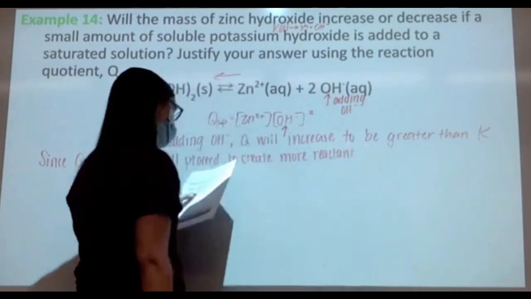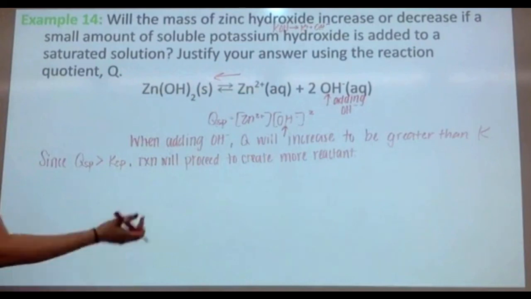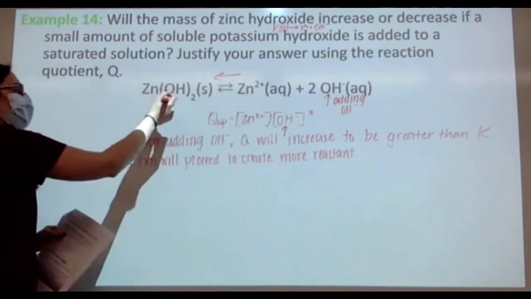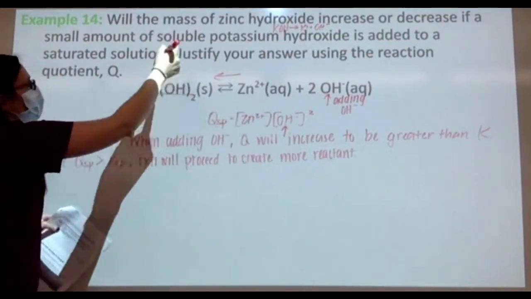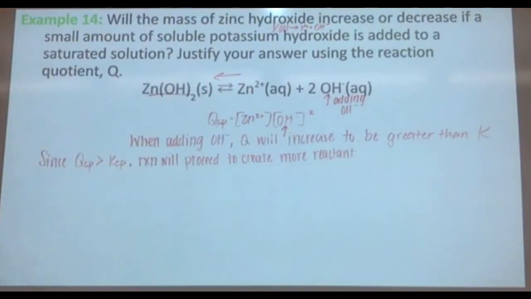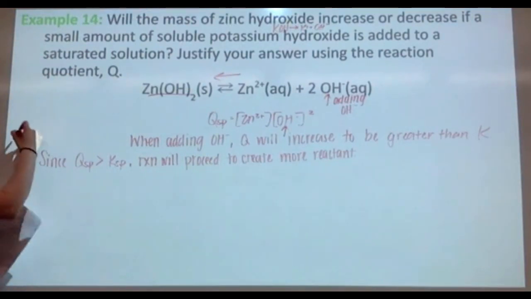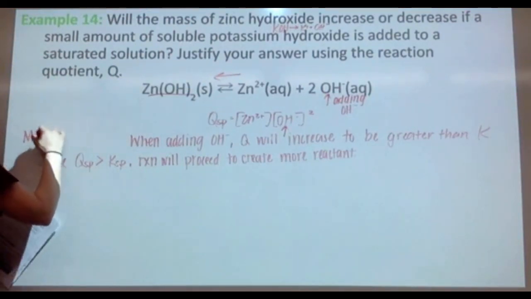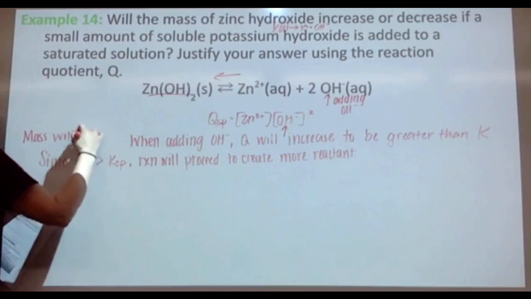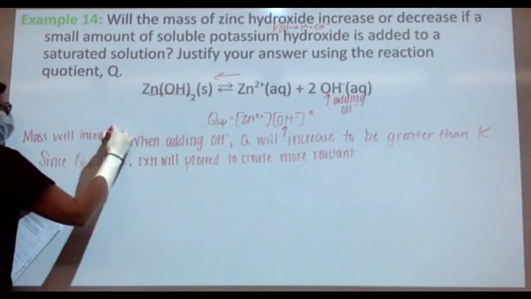So there's my justification. Now let's think about what that means. If it's creating more reactant, it's creating more of this solid, that's the zinc hydroxide. So if we're creating more solid, what's going to happen to the mass? It's going to increase. So here I'll say mass will increase.